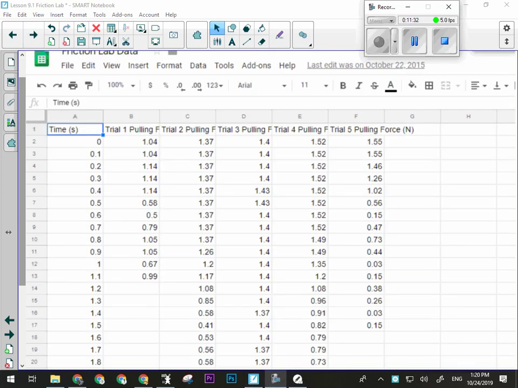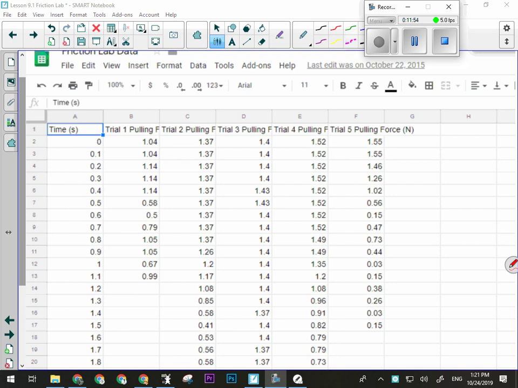Let's have a look up here, guys. When you export your data for what you've just done, you should get something like this. You'll get your time, which for whatever reason we don't really need. And then you're going to get your pulling forces for each trial. All I need to do is go through these numbers and find the biggest one for each trial.